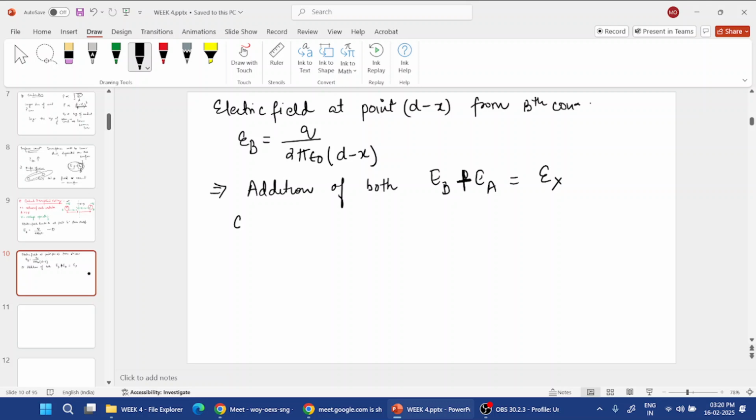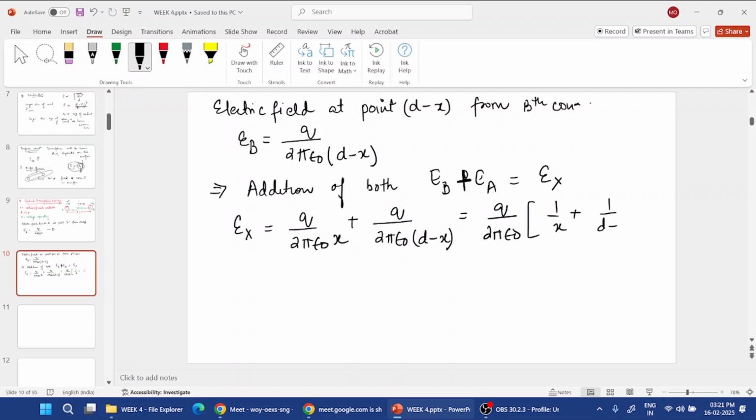So Ex is equal to q by 2 pi epsilon naught x plus q upon 2 pi epsilon naught (d minus x). If we rearrange this, we can write it like 1 upon x plus 1 upon (d minus x).